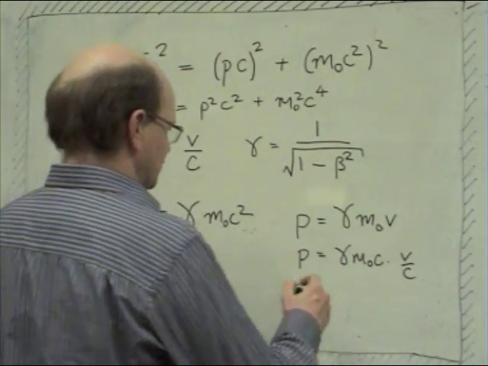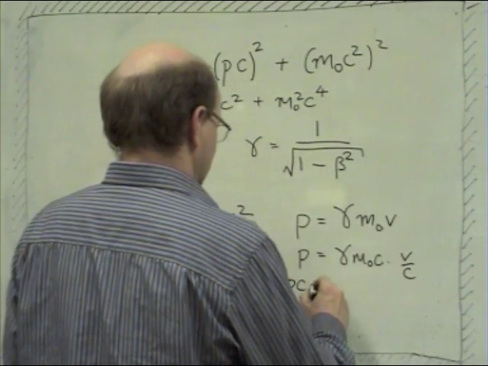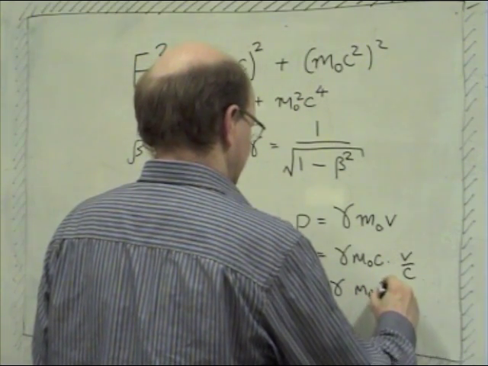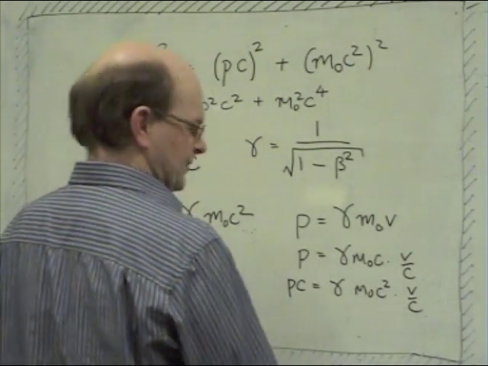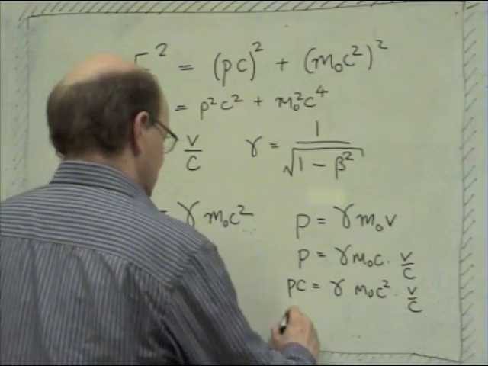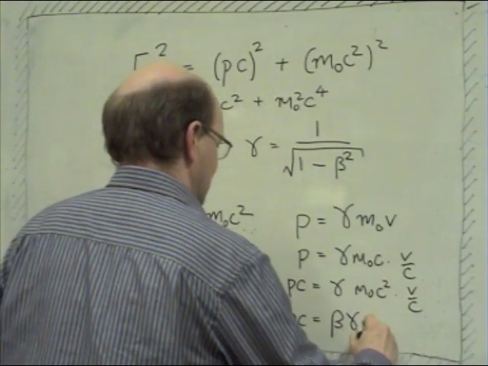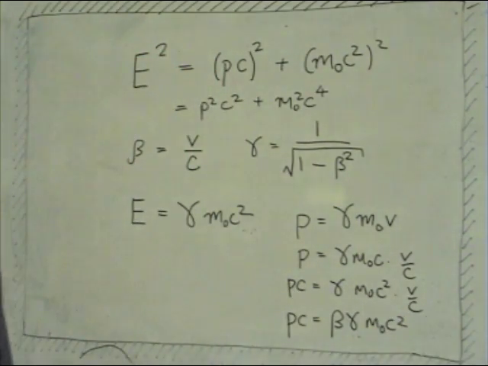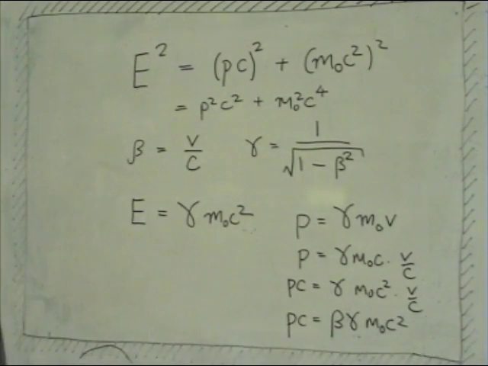Then I'm going to multiply the whole equation by another c, so I get pc equals gamma m naught c squared times v over c, but v over c is just beta, so I end up with pc equals beta gamma m naught c squared. That leads to some interesting things, by the way. You can see that this expression doesn't look so different from the expression for the total energy. In fact, we can take their ratio.